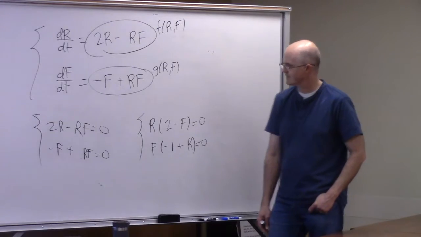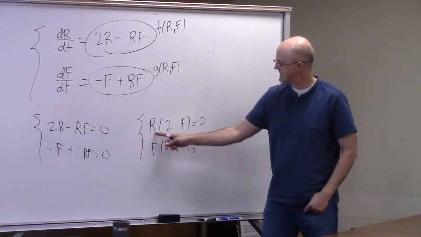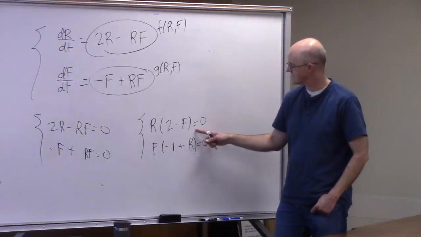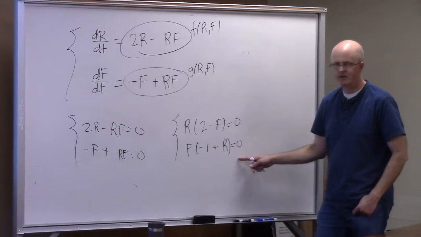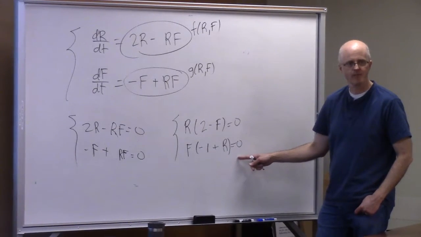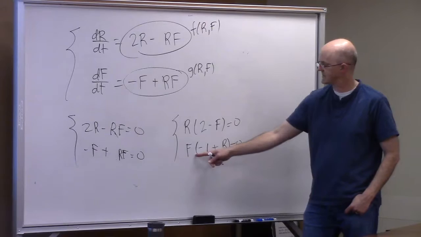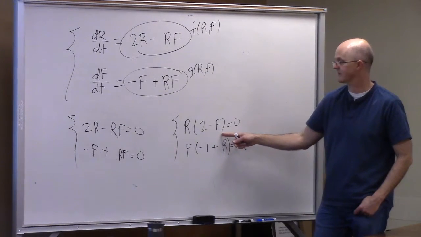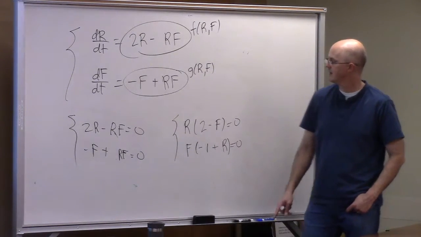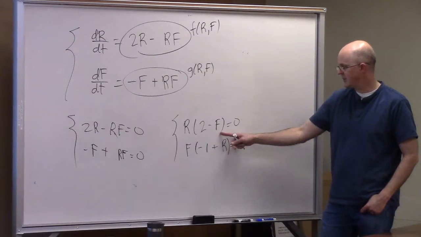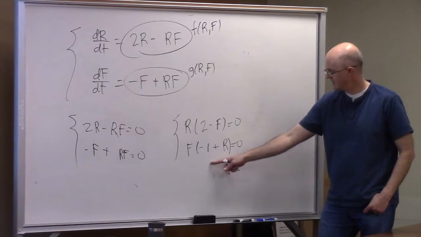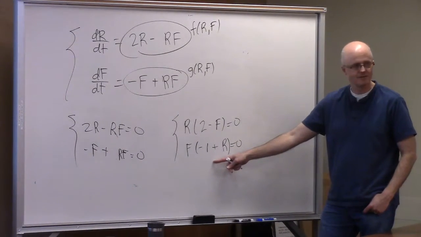No. If R happens to be 0, making the first equation 0, the only way the second equation is going to be 0 is if F is 0. Conversely, if F is 0, the only way the first equation is 0 is if R is 0. Furthermore, if F is 2, the only way the second equation can be 0 is if R is 1.